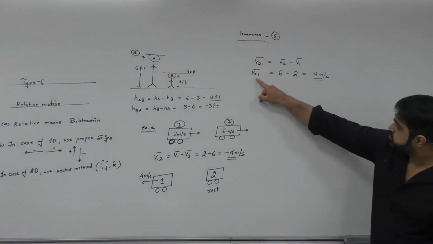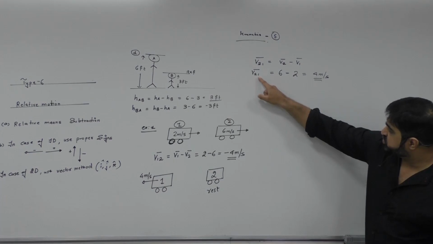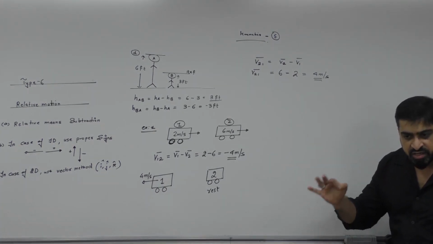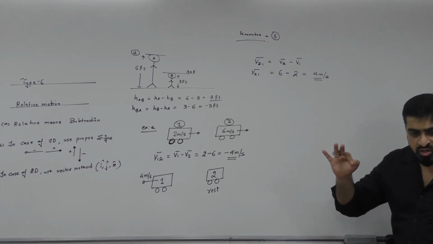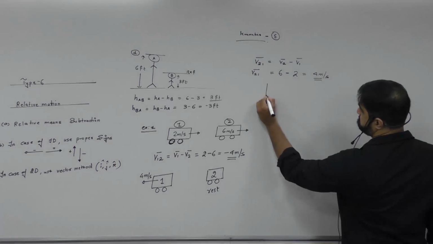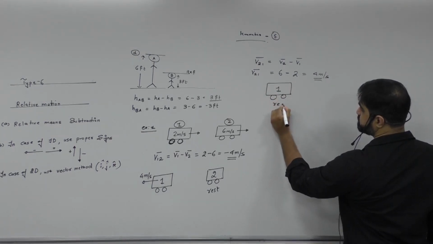Velocity of 2 with respect to 1. Who is looking at whom? 1 is looking at 2. So you will assume in your mind that 1 is at rest. So this 1 is assumed to be at rest.